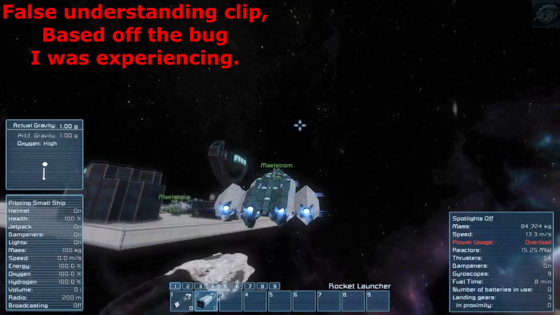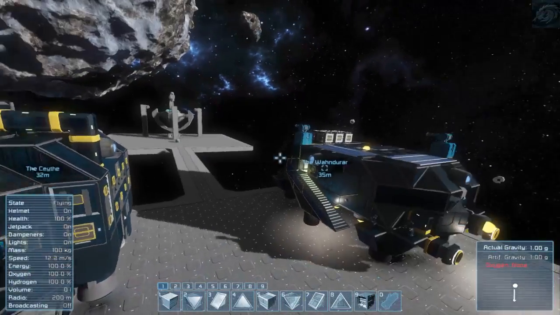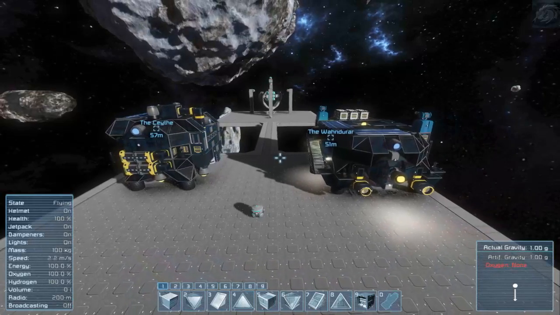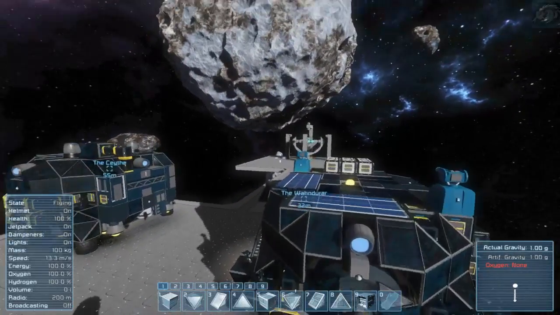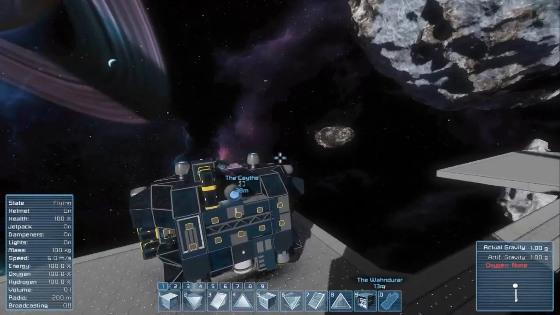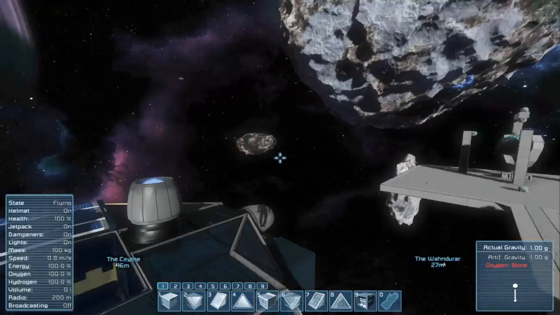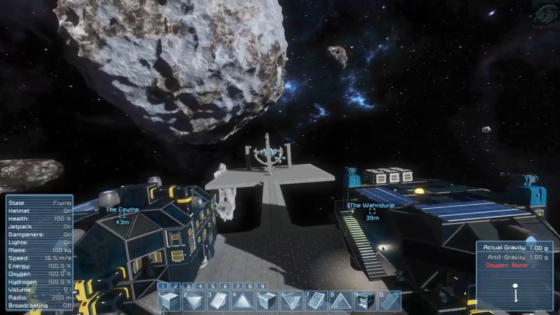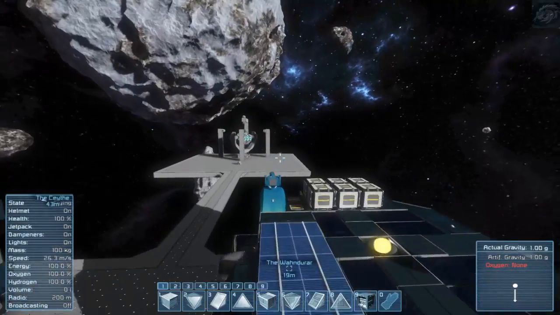Although this has some issues. So, yeah. You saw there that I basically made a fighter that could supposedly hover in planetary gravity, because it was being affected by anti-gravity strong enough to lift it up.